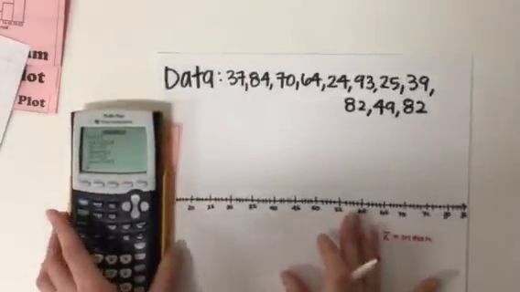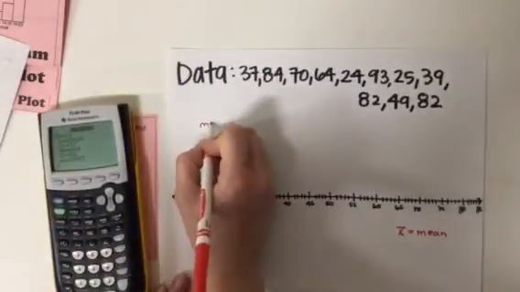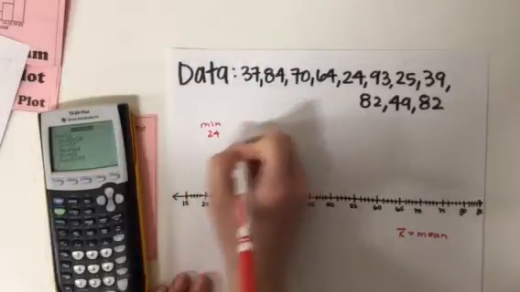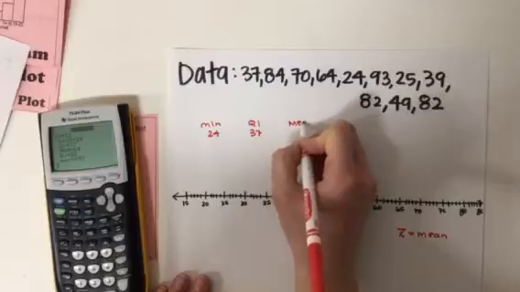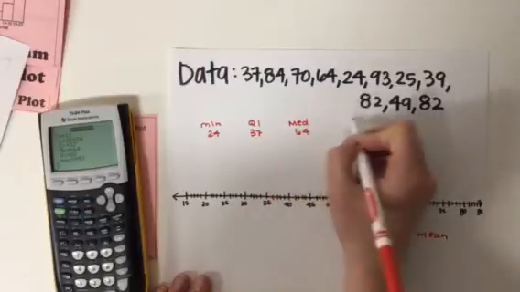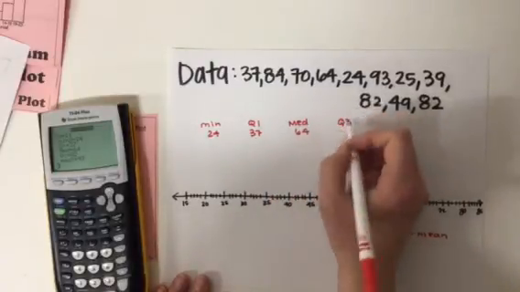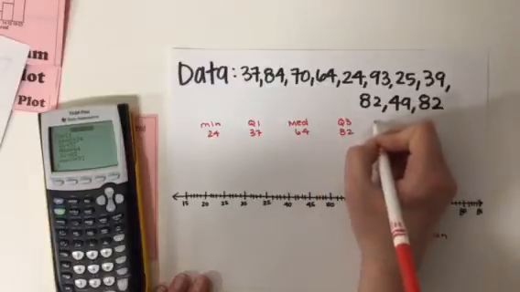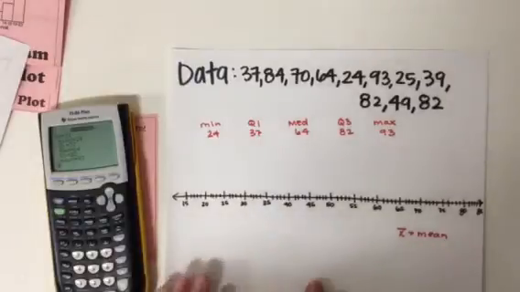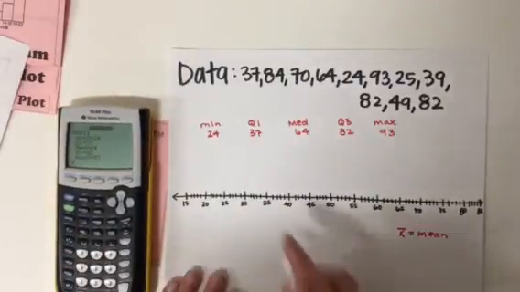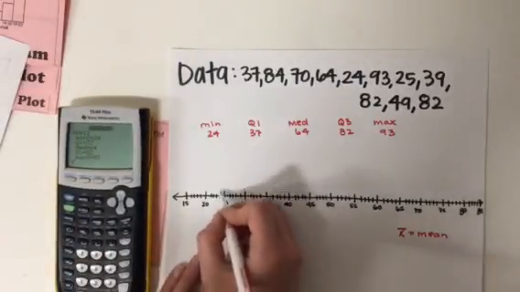So let's go ahead and make sure we have those numbers down. We've got a min of 24, our quartile 1 of 37, our median of 64, our quartile 3, or third quartile, of 82, and our max of 93. Now it's just a matter of plotting those points on our number line and creating the box and whisker.